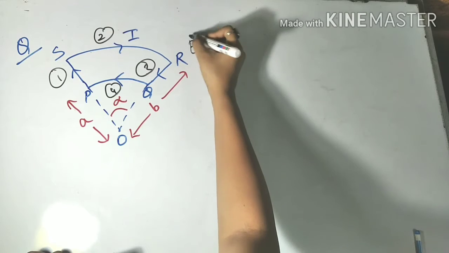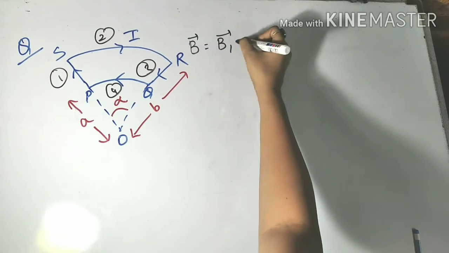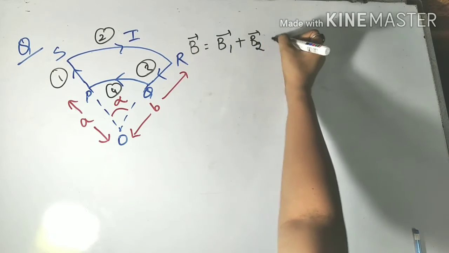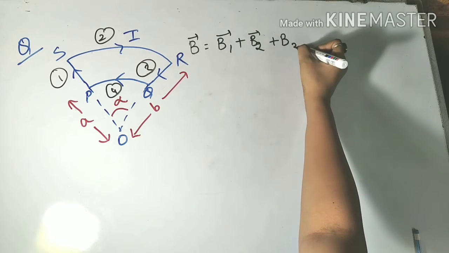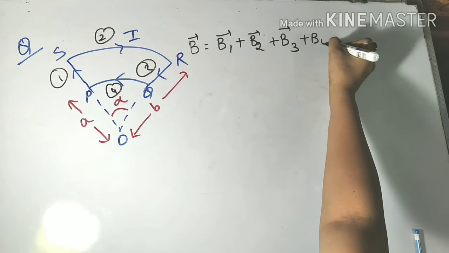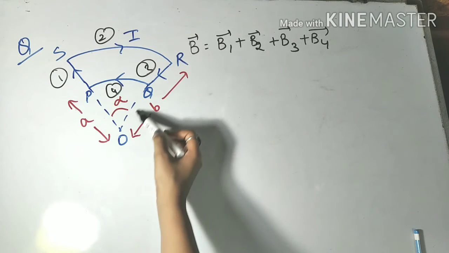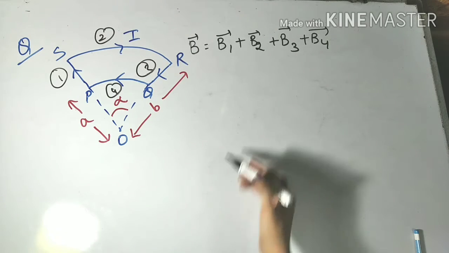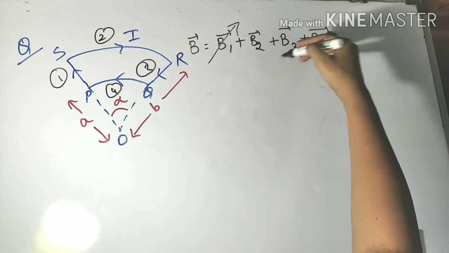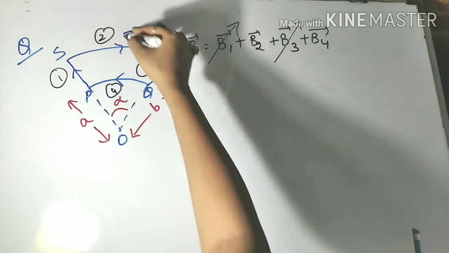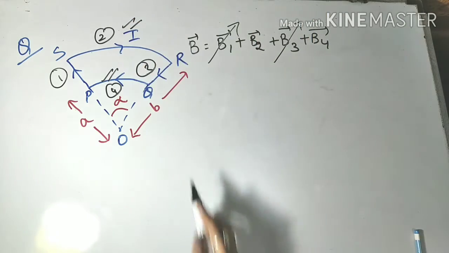So I am going to write B vector is equal to B1 plus B2 plus B3 plus B4, as these two again lie on the line of action of force. So first and third one vanish, only this part and this part are going to contribute.